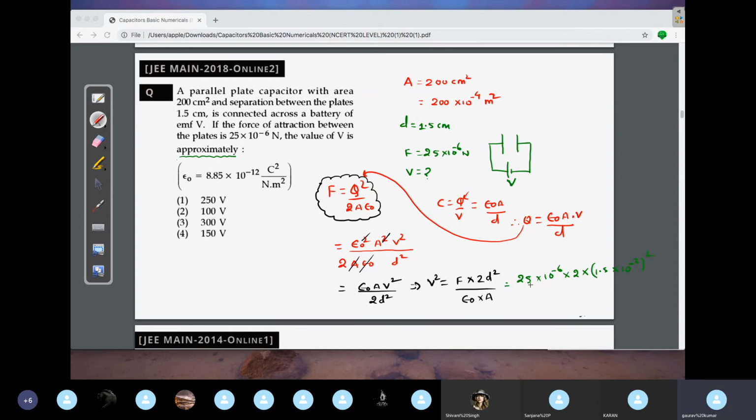The square you have here divided by epsilon. Epsilon is what? 8.85 into 10 to the power of minus 12 into area. What is area here? This, no. If you just convert here itself, we'll get what? 2 into 10 to the power of minus 2.